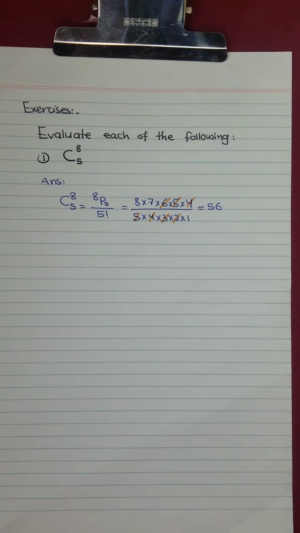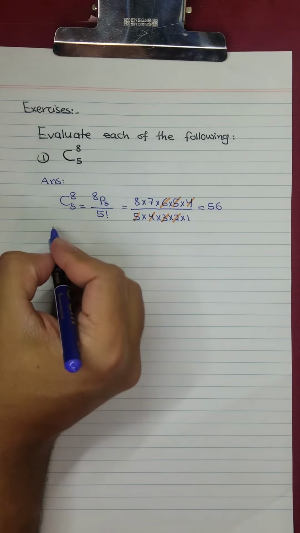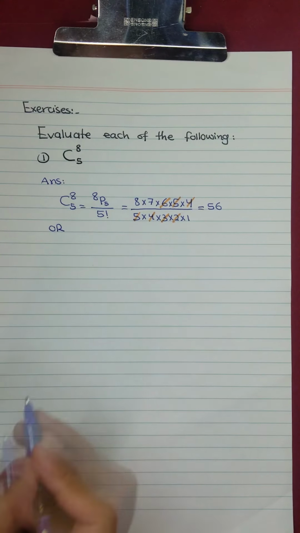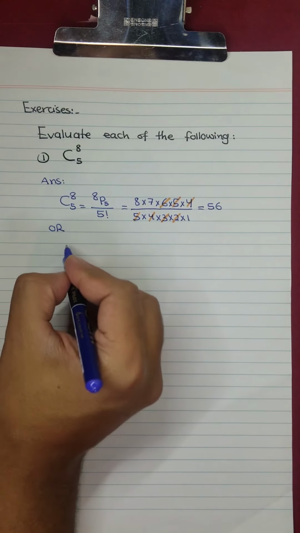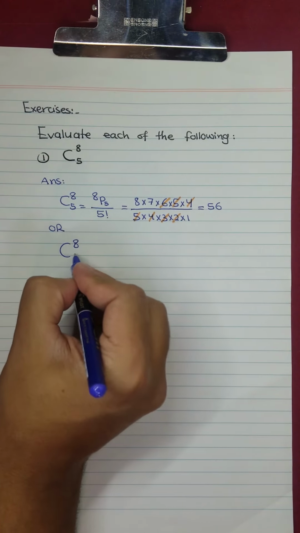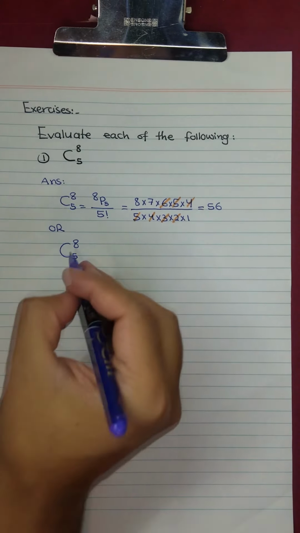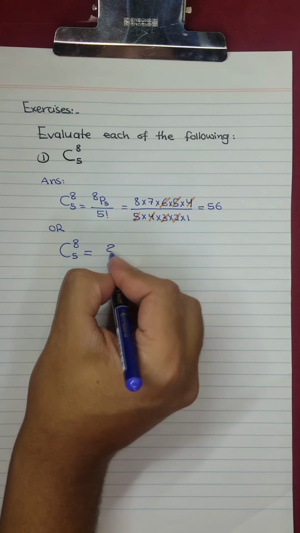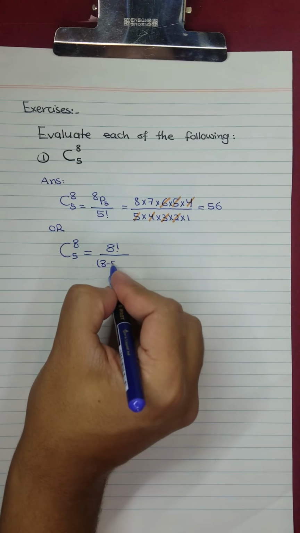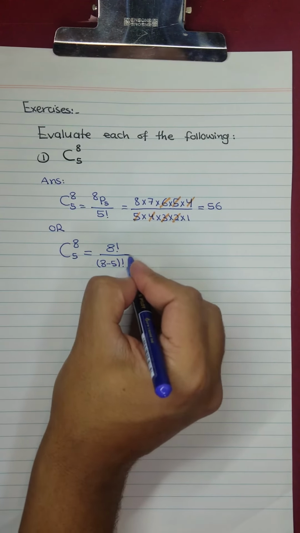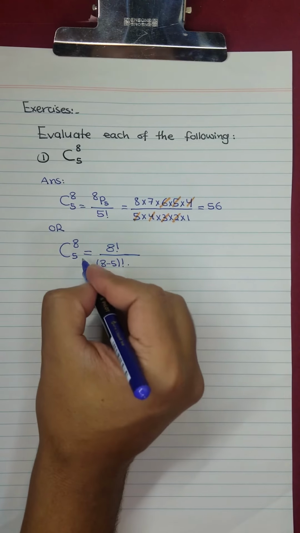Before we discuss another example, let's show you another way of solving this one. We can solve this using the relationship between combination and factorial. So it is 8 combination 5. We can solve this as 8 factorial over 8 minus 5 factorial multiplied by 5 factorial.